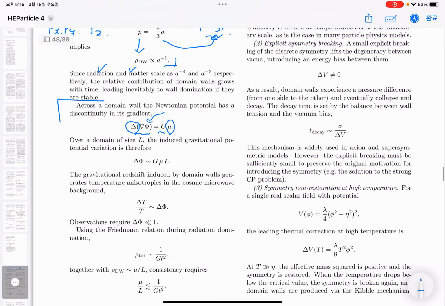We can obtain the gradients of the gravitational potential by integrating this formula, and the CMB temperature anisotropy is proportional to the gradient of the potential. So the observation requires that the anisotropy is small, giving upper bounds. So this constrains the surface tension of the domain wall.